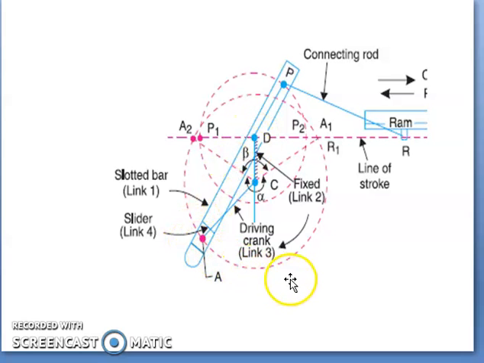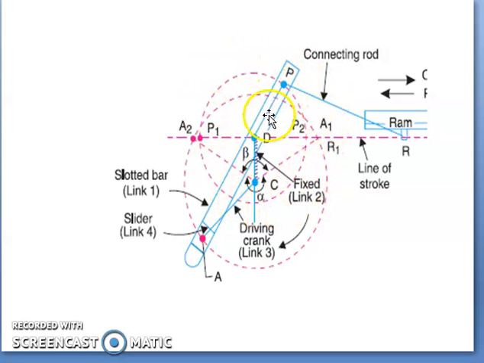So here you can see the point A executes one complete rotation when the link CA is rotating. Similarly, the point P is also going to execute one complete rotation.